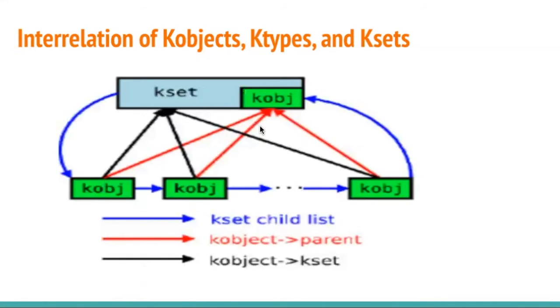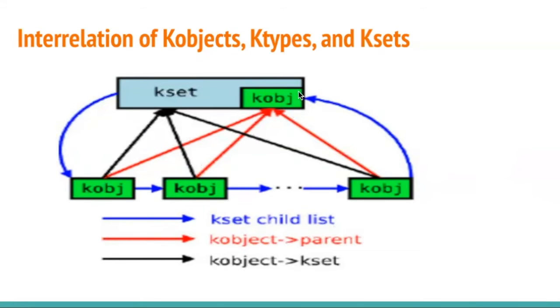Let's now further see the pictorial view. Here, this is again the same representation as the previous slide. These arrows tell that this black one says these are part of the same kset, so they are reflecting back here. And this is saying this is a parent.